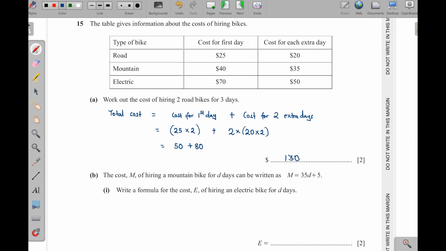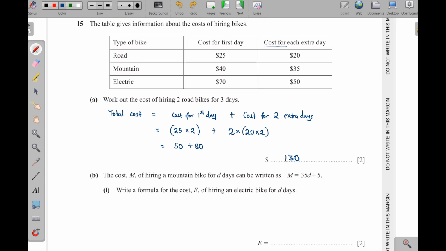Not so. Part B, the cost M of hiring a mountain bike for D days can be written as M is equal to 35D plus 5. Then Roman 1, write a formula for the cost E of hiring an electric bike for D days. Now, when we look at this table here, what we are given is first, there is the cost for the first day, okay?